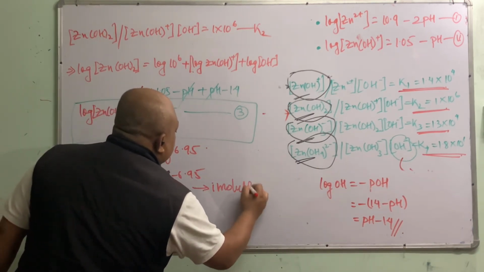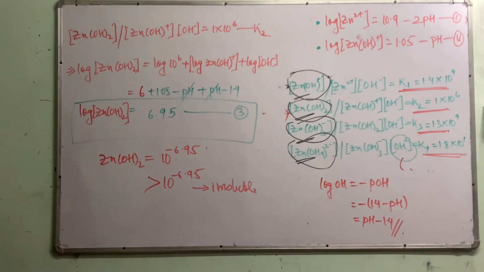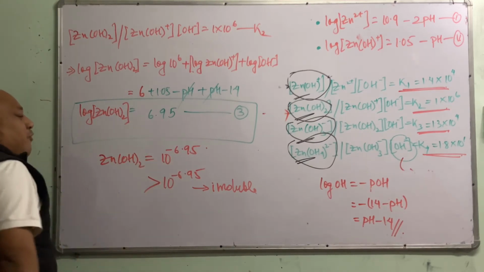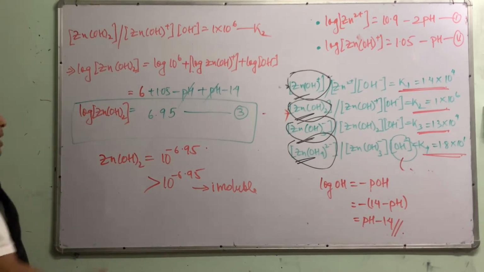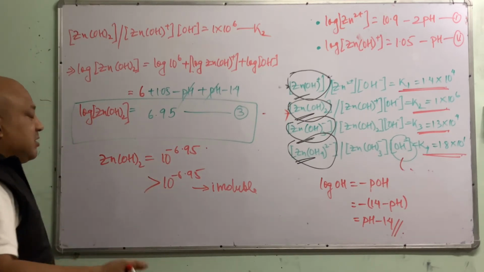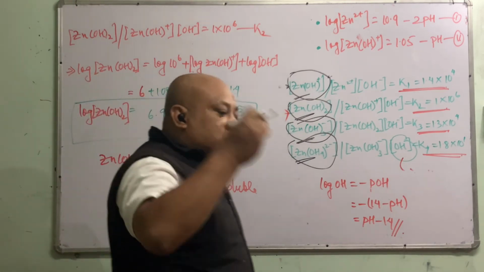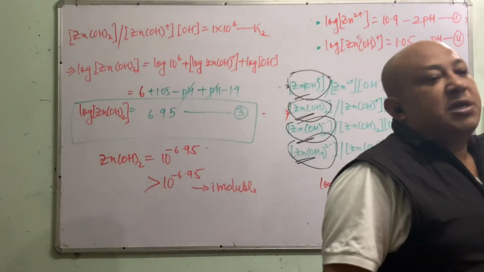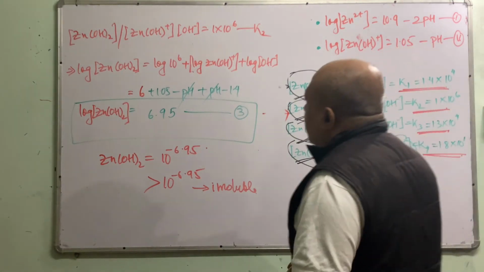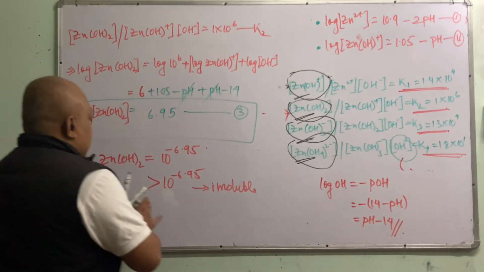It has nothing to do with the pH. It's independent. So this means that ZnOH2 is always in precipitate form above this concentration. However, at lower concentration, ZnOH2 is always in soluble form, irrespective of any pH. Okay, so this is just one interpretation.